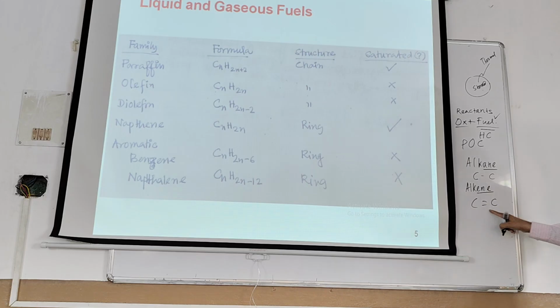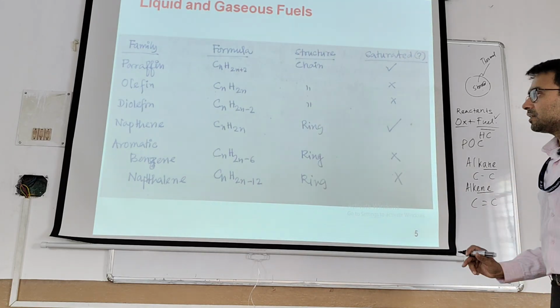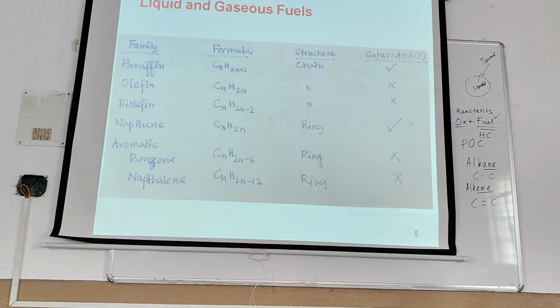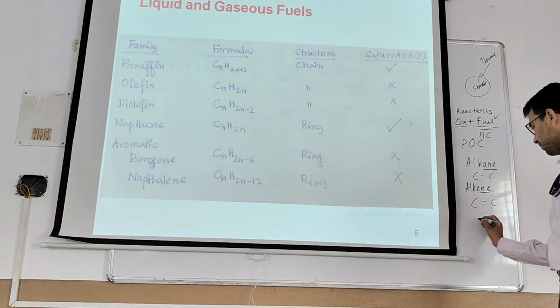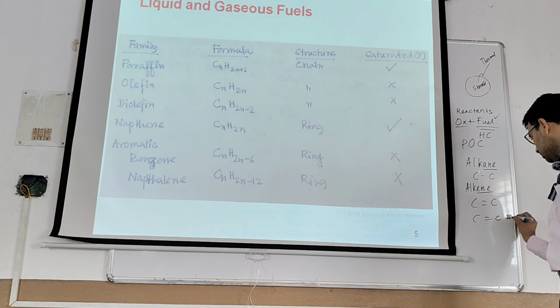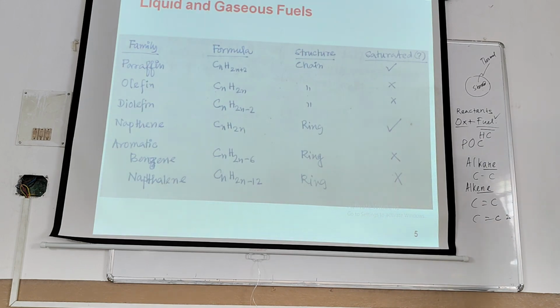Then diolefin means there will be two carbon double bonds, two numbers of carbon double bonds, clear.